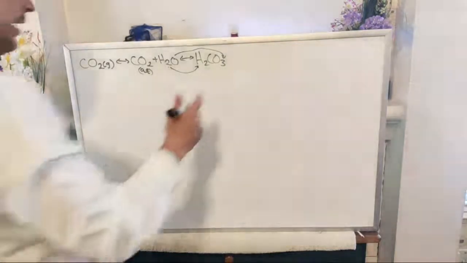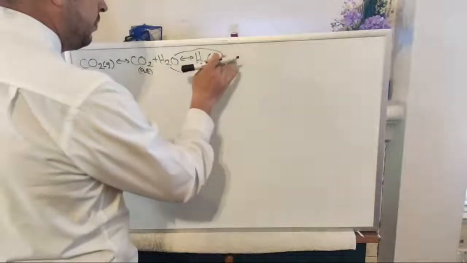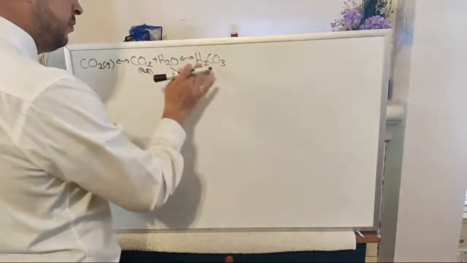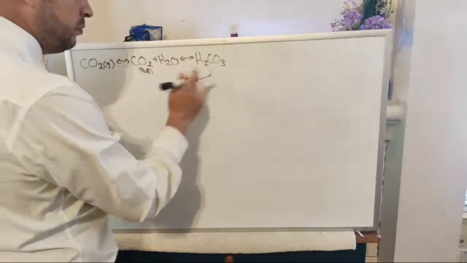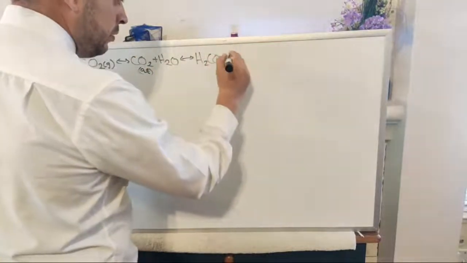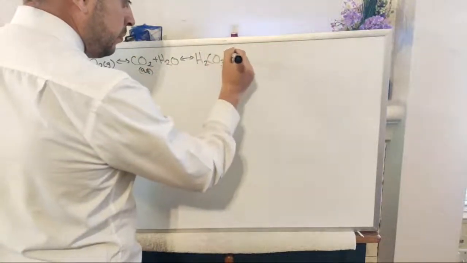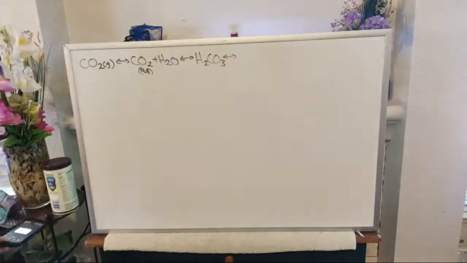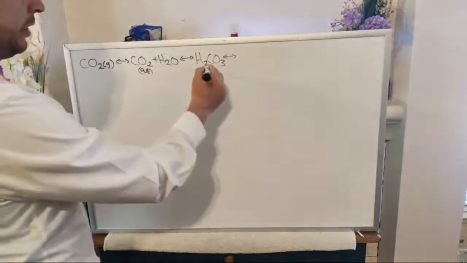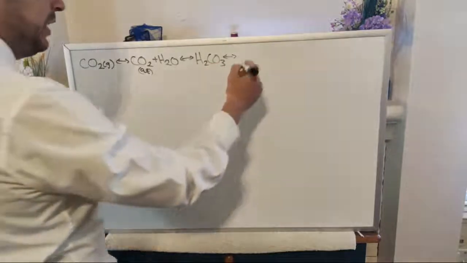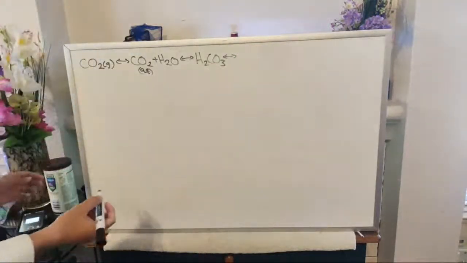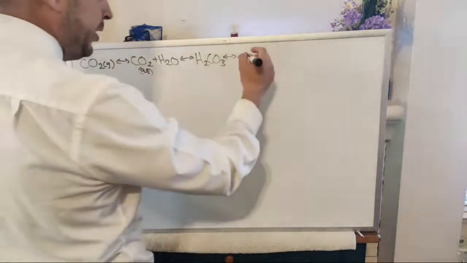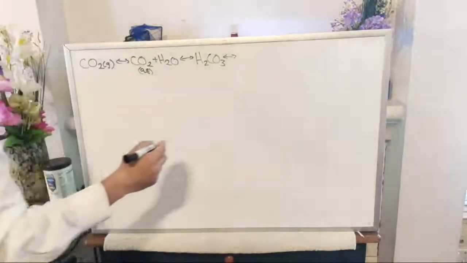All right, and then that forms another reaction. So I'm gonna erase the arrows. Yeah, if I can fit all this up. All right, so then this could break down. I don't know if you want to call it break down. That's not the proper word, but that's what we're gonna say.